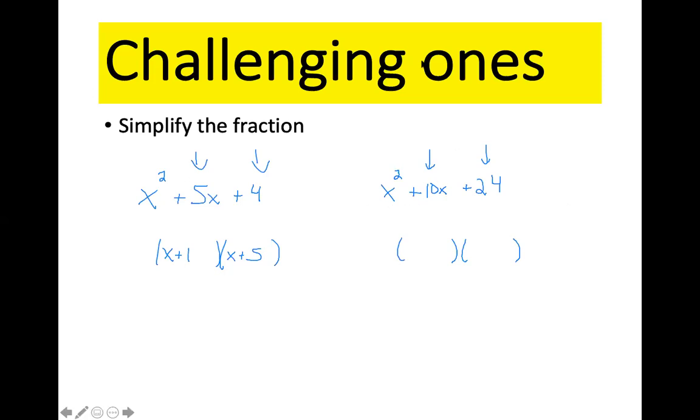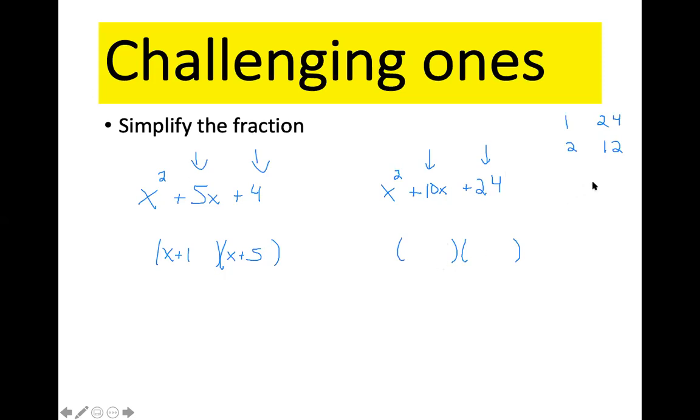When you're stuck, then what you do is you think about every possibility. So 24, start with 1. 1 times what is 24? 24. Does that add up to 10? No. 2 times 12? Oh, I see what you're saying. Oh, gotcha. Drive on with your bad self.